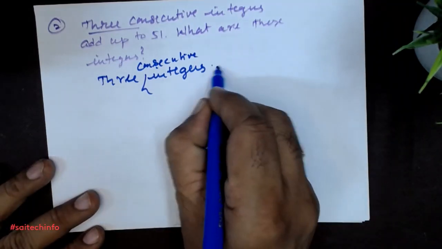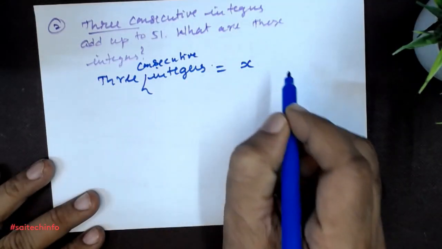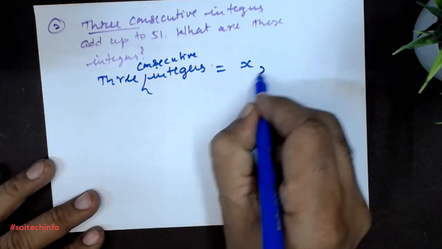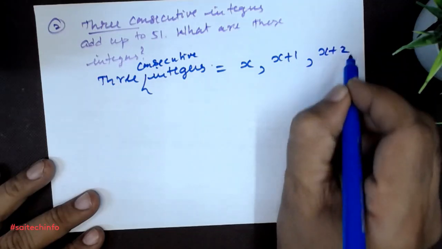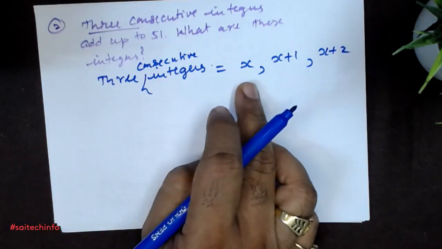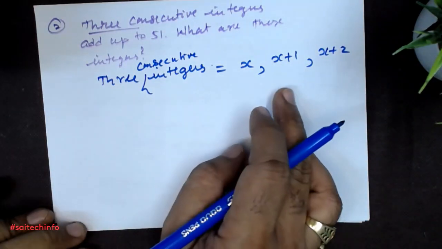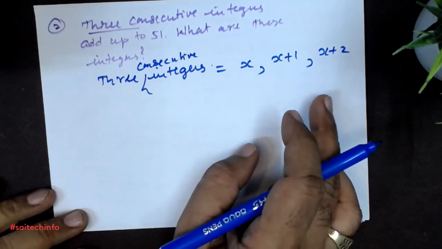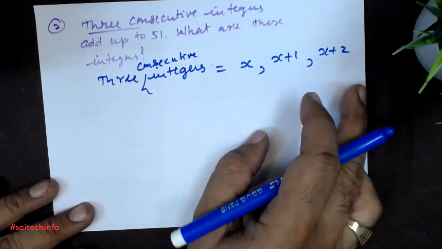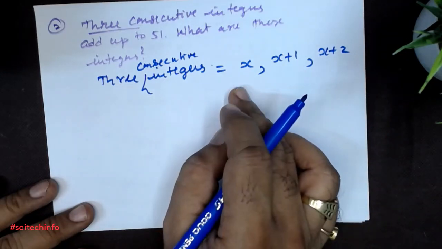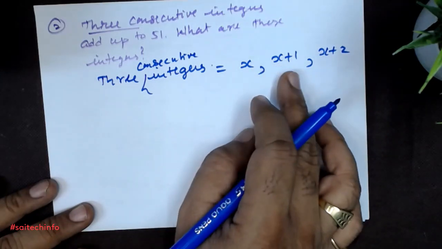Okay, so suppose if we take the first integer as x, the next will be x plus 1 and the next will be x plus 2. For example, let us assume 5 I have taken. The next will be 6. The next after that 7. So 5 plus 1, 5 plus 2. Likewise, we have assumed x. So x plus 1, x plus 2.